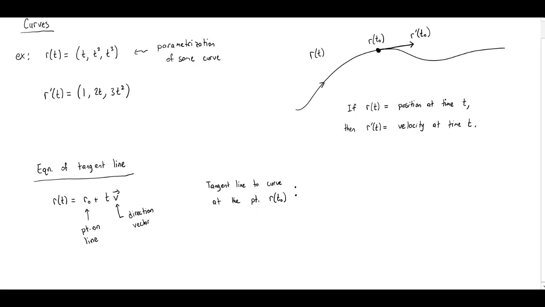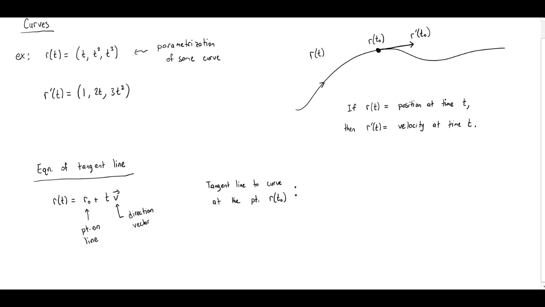The idea is that our derivative already gives us a tangent vector to the curve. So hence we can use the derivative as our direction vector and use it to write out the parametrization or the vector equation of our tangent line. Okay.